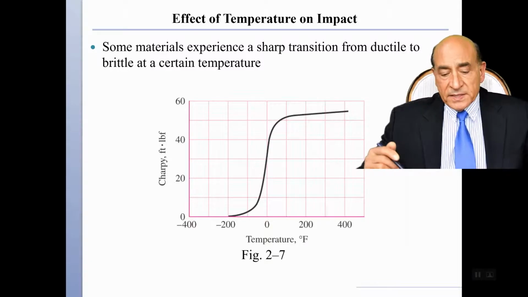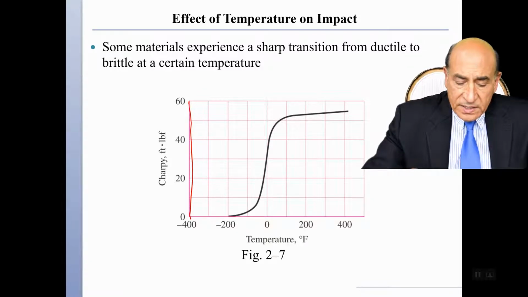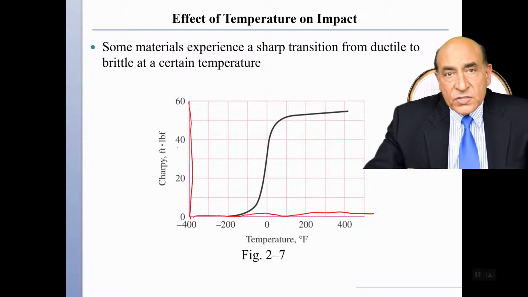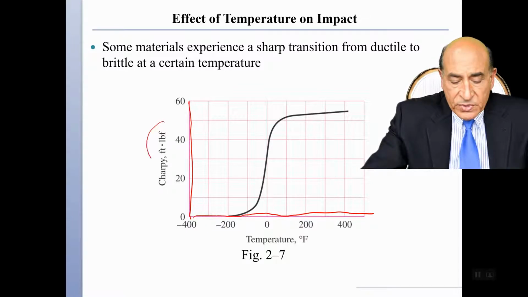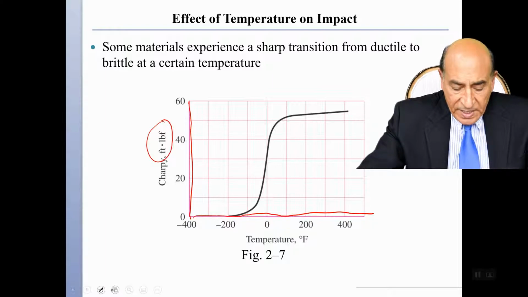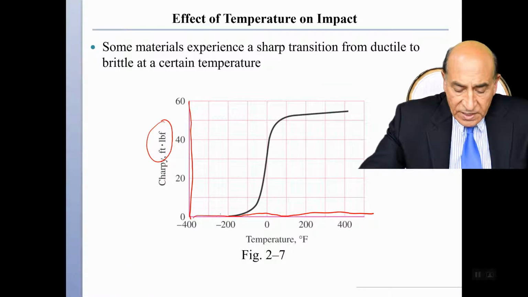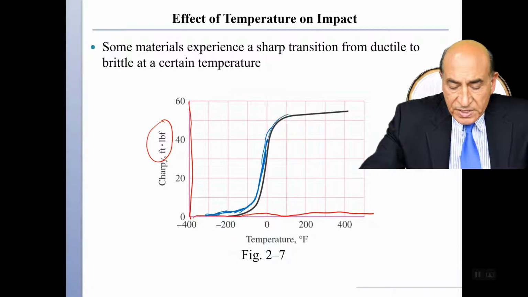For impact, we plot the impact energy, the Charpy energy, versus the temperature. The Charpy energy is in foot-pound. You notice here for a steel, the Charpy energy is in fact very low at low values of temperatures, and then it rises sharply and it reaches a plateau.